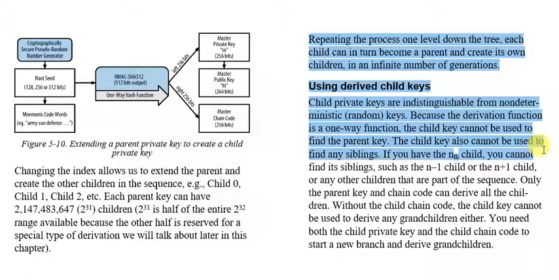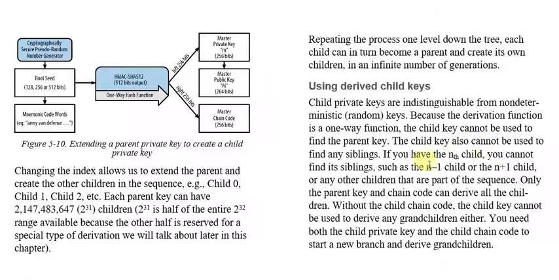If you have the nth child, you cannot find its siblings, such as the n-1 child or the n+1 child, or any other children that are part of the sequence. Only the parent key and chain code can derive all the children. Without the child chain code, the child key cannot be used to derive any grandchildren either. You need both the child private key and the child chain code to start a new branch and derive grandchildren.